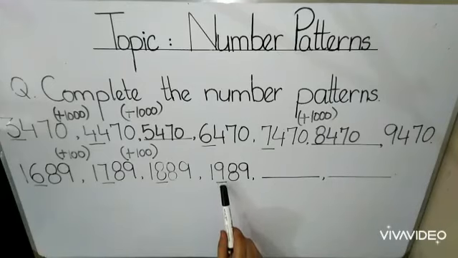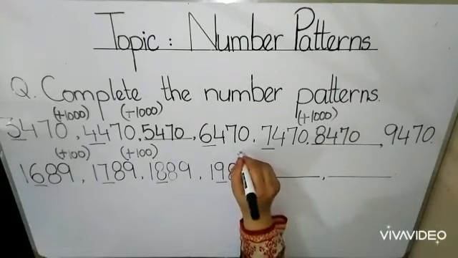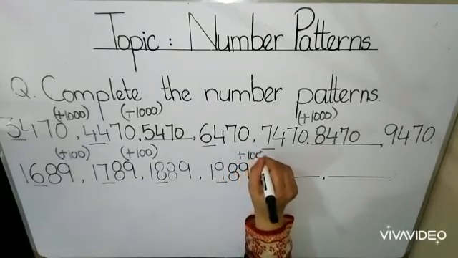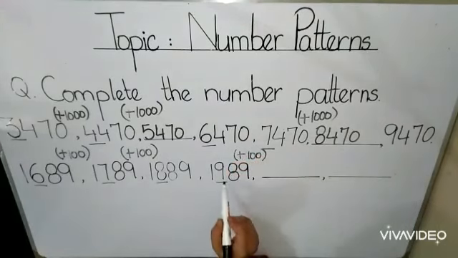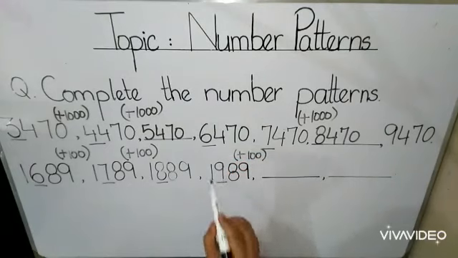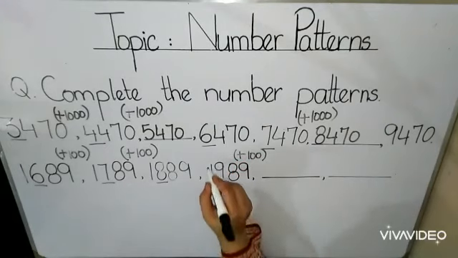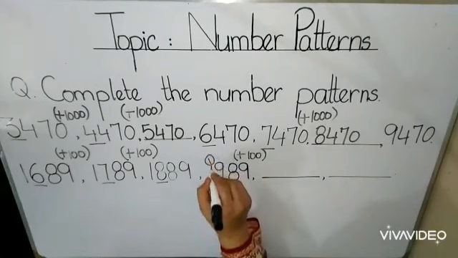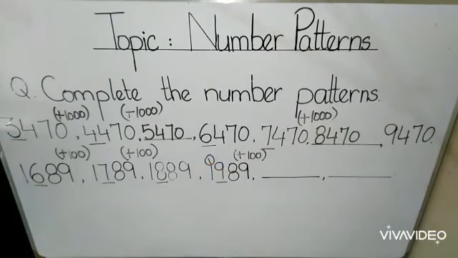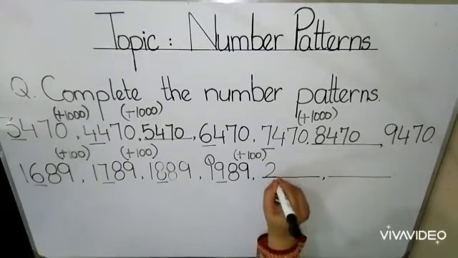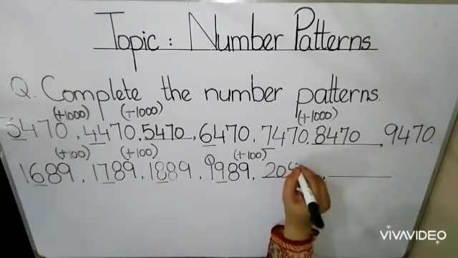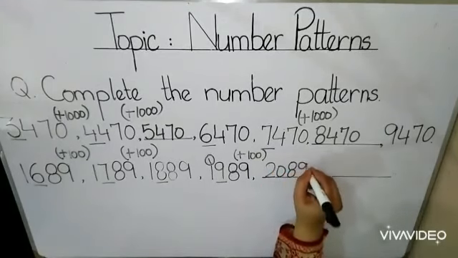Now we come to the number 1989. When we add 100 to 900, this 900 will become 1000. That 1000 would obviously add one in the column of thousands, and this number will become 2089.